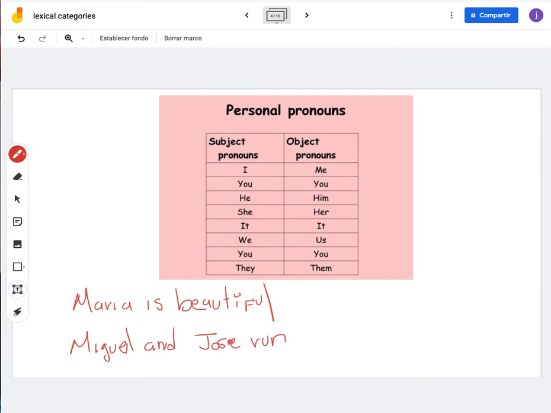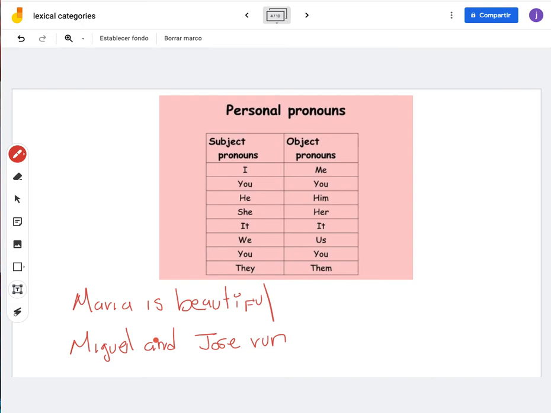In the first sentence, Maria is the subject because Maria is the one who is spoken about in the sentence. In the second sentence, Miguel y José, or Miguel and José, are the subject because they are the ones who do the action in the sentence.